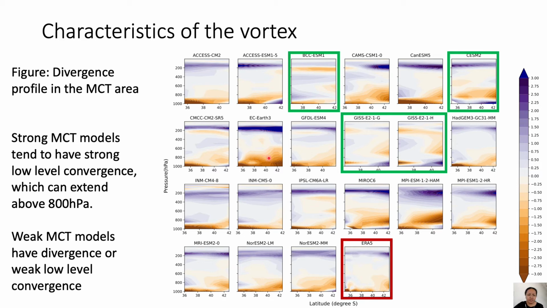By the way, convergences are represented in orange or brown, as negative values. So this model has very strong convergence, same as other models, whereas the weak models either show relatively weak low-level convergence like the BCC, or low-level divergence.